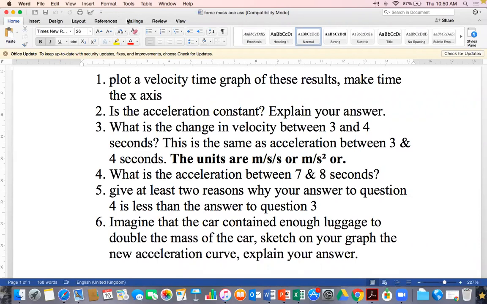Beatrice, how are you going with your graph? Oh, it's done. How do I send it to you? WhatsApp, Ken? Oh, okay.